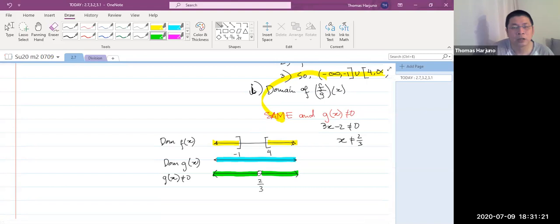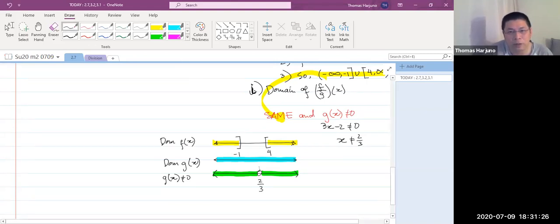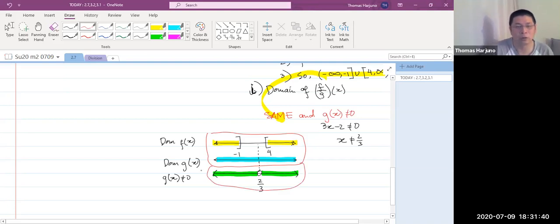So you see that in this question, it happens that this 2/3 is not even in the first one. So the intersection of the first two is the same as the yellow one, right? Now, the intersection of all these three here is still the same as the yellow one.